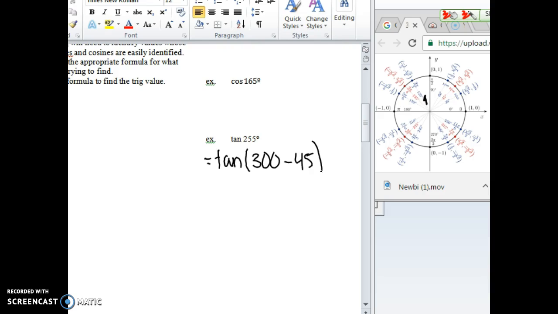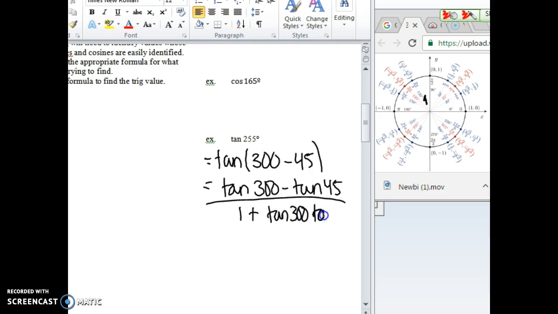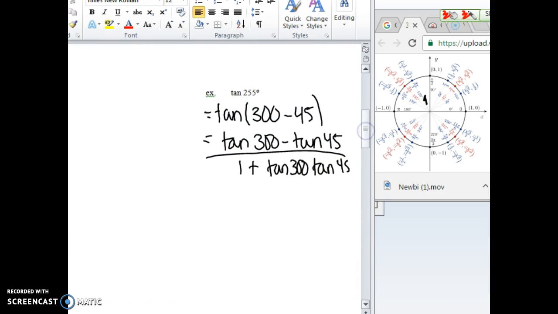Since I have the formulas in front of me, I'm actually going to use the tangent formula. So I am going to do tangent of 300 minus the tangent of 45 over 1 plus the product of tan 300 tan 45. Now I just need to fill in my values.